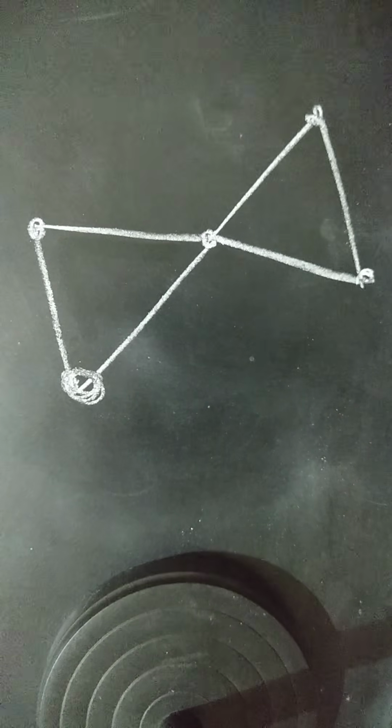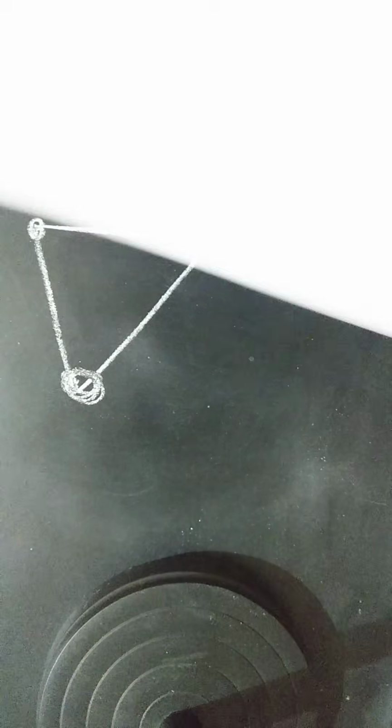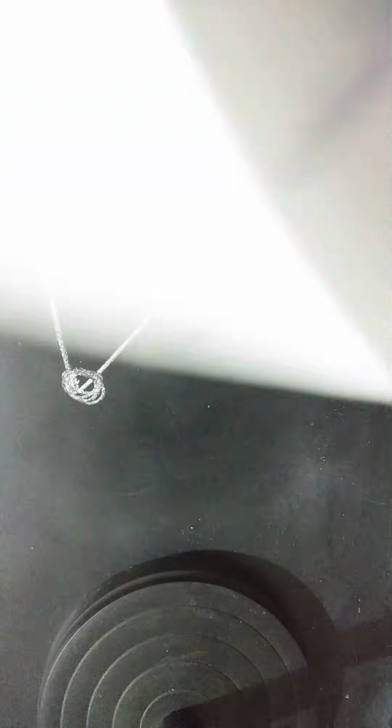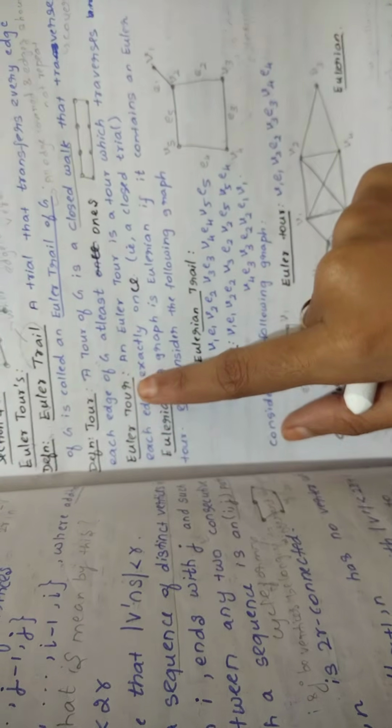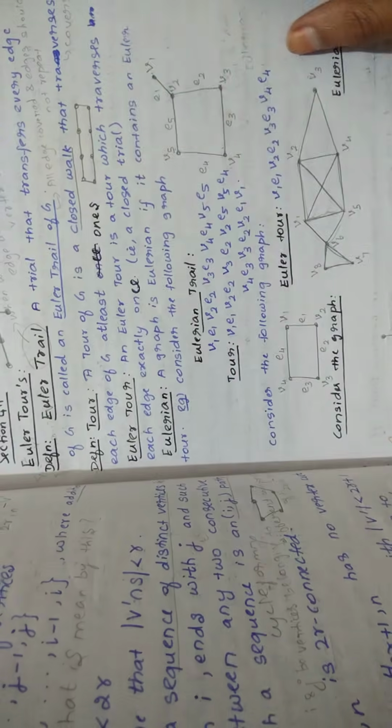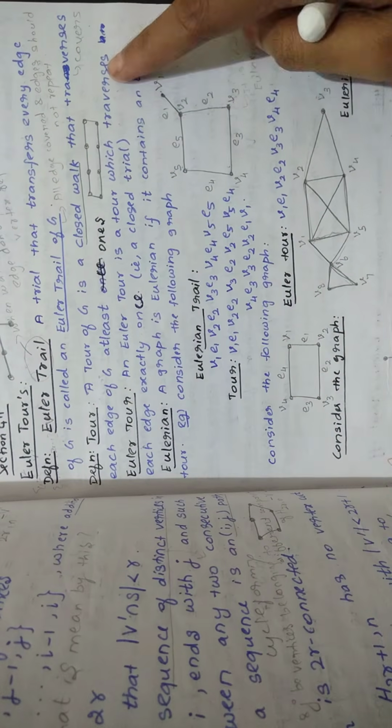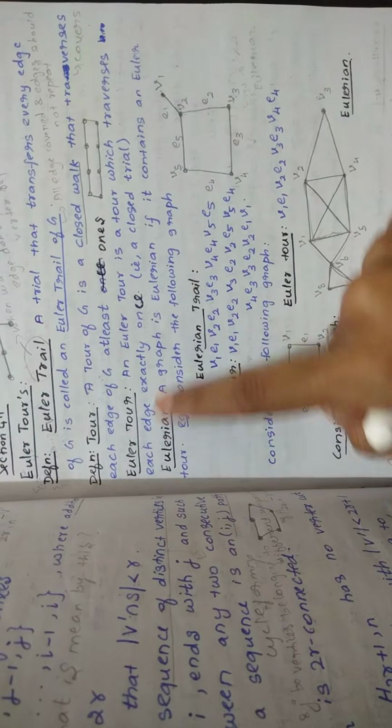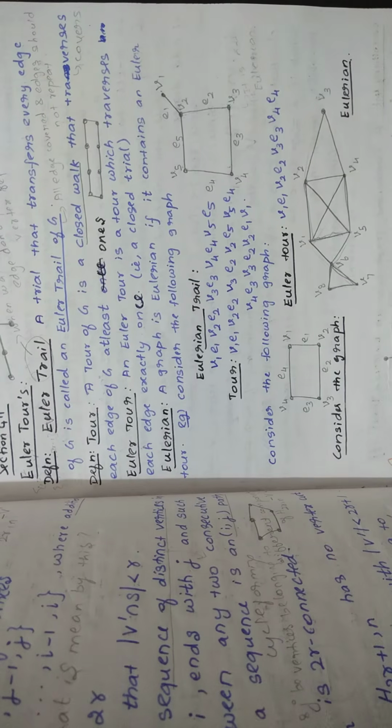If I only say it, you might be feeling confused. Look at this. An Euler tour is a tour that traverses, that travels, each edge exactly once.